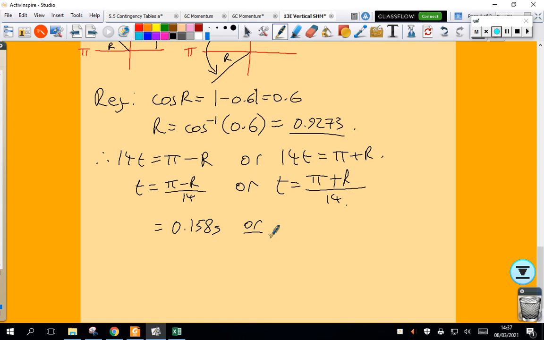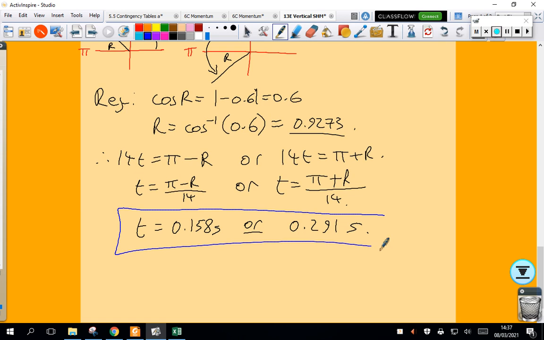Or in the second case, again, I'm just typing in pi plus 0.9273 equals, and divide by 14. I'm getting 0.291 seconds approximately. So the times at which it's 2.08 meters below the ceiling are those two times.